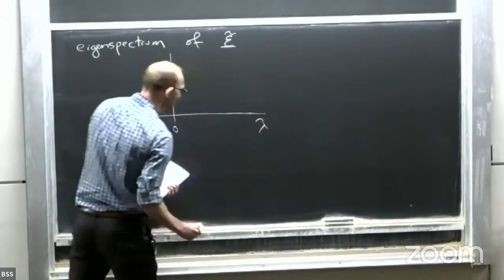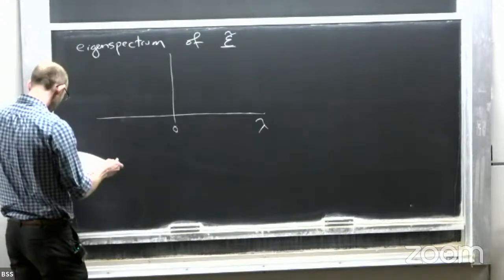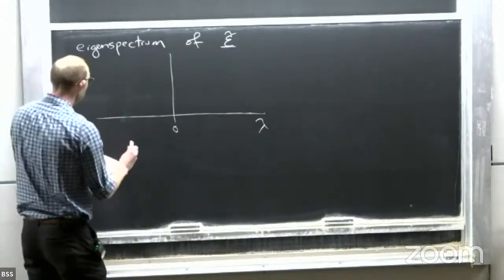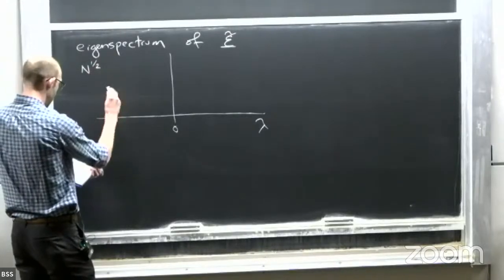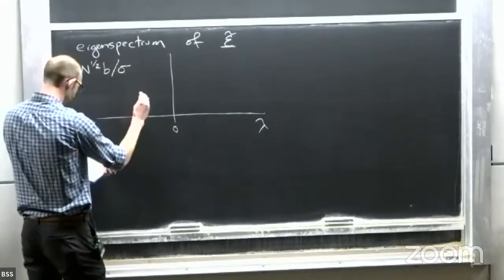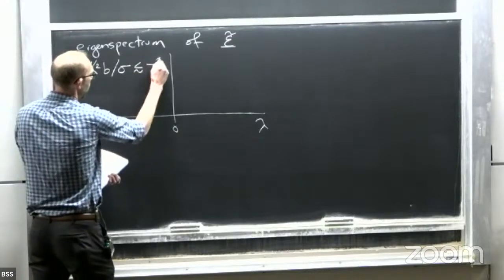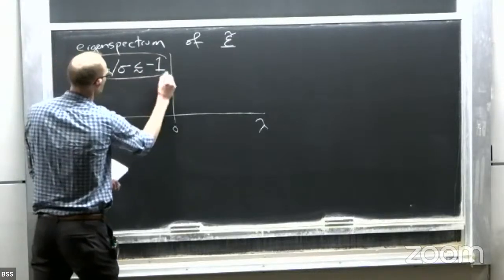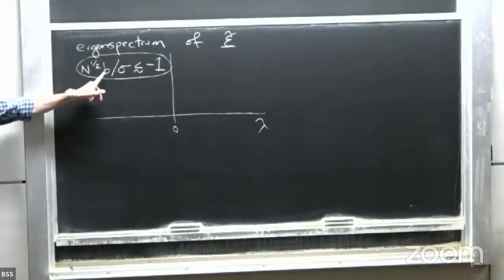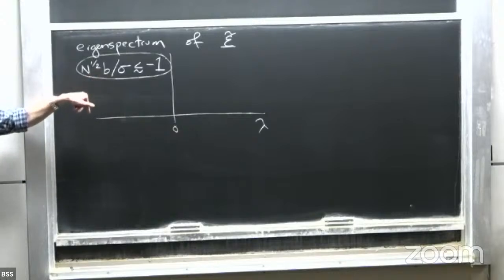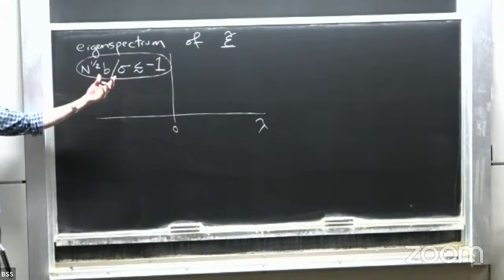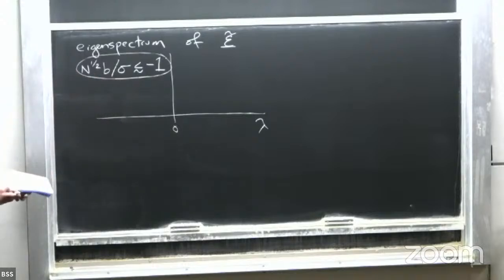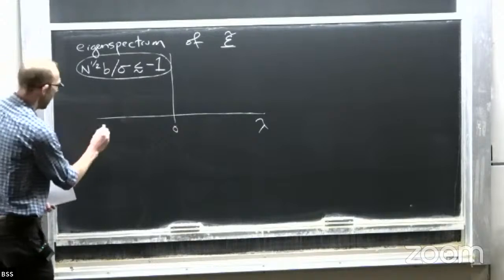So we have our eigenvalues, lambda. And if we assume that the mean of the matrix is very negative compared to a rescaled standard deviation, something like a central limit theorem, then you get two different types of eigenvalues.